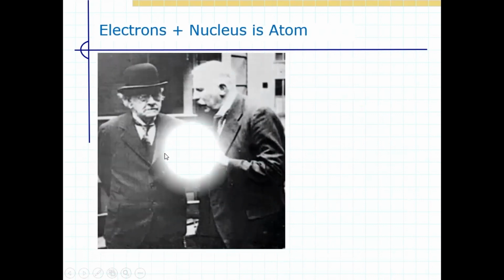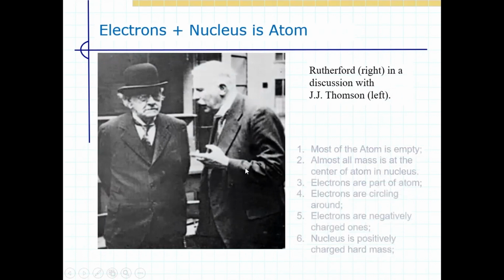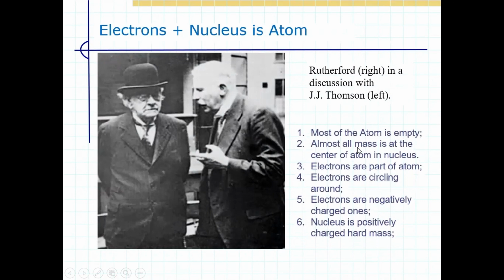So we have the idea with the help of these two gentlemen, Rutherford and J.J. Thomson. Let us recap this: most of the atom is empty. According to them, almost all mass of the atom is at the center of the atom, and it is the nucleus. The electrons are part of the atom.